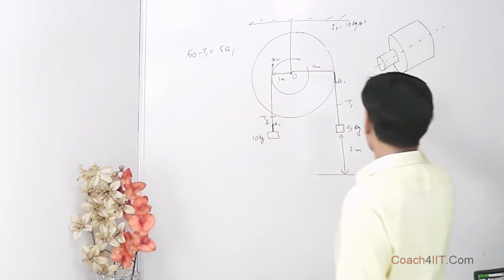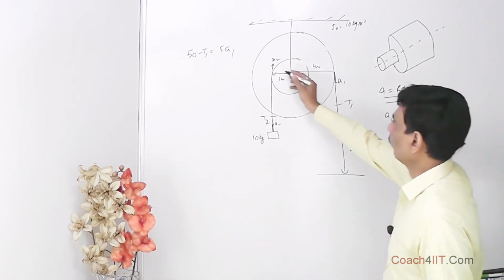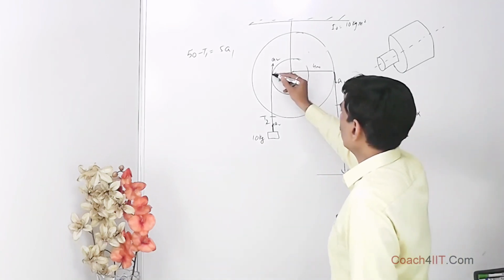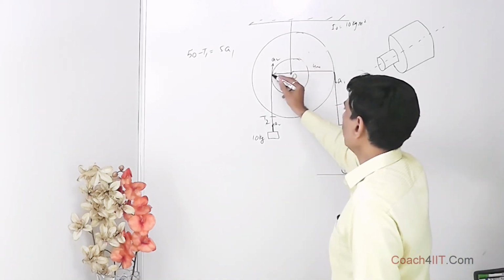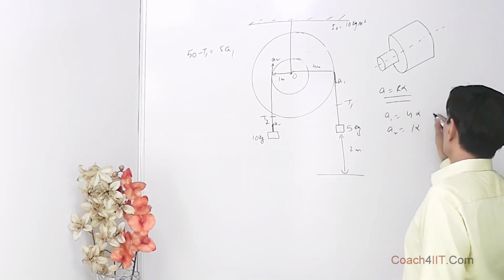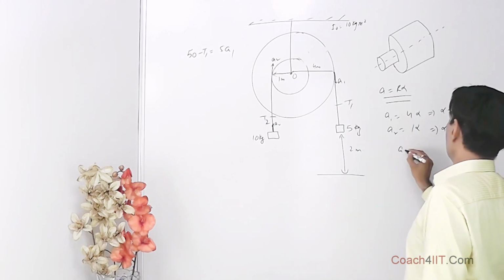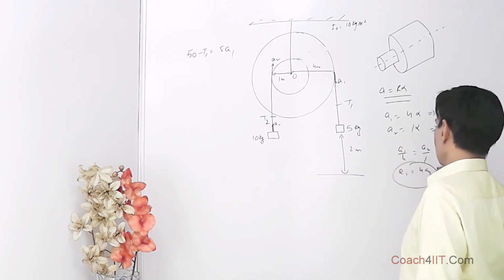A1 is equal to 4 into alpha. And A2: point P is moving in a circle of radius 1 meter, so A2 is equal to 1 into alpha. So alpha is equal to A1 by 4, and alpha is equal to A2 by 1. So A1 by 4 is equal to A2 by 1. It means A1 is equal to 4A2. This is the relationship we get.